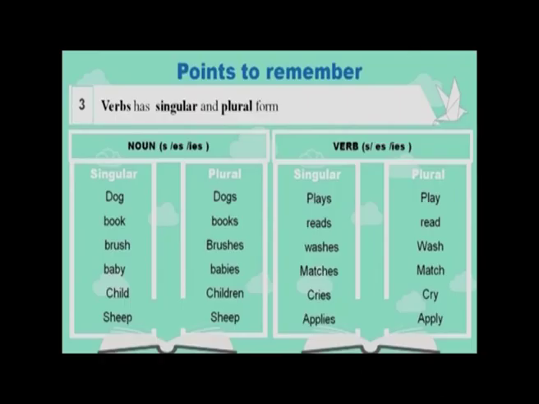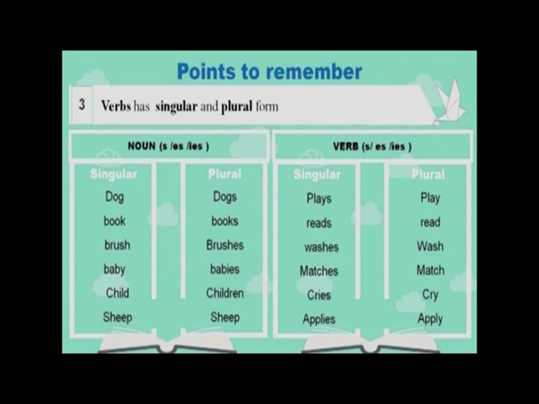We add ies to the word when the word ends in y and has a consonant letter just before the y. Example, baby, B-A-B-Y. It ends in y, right?